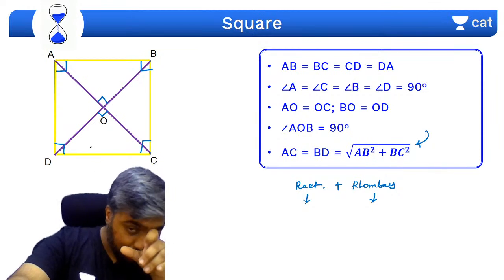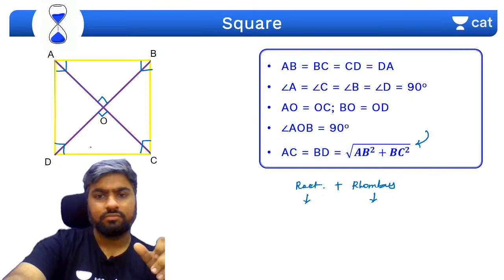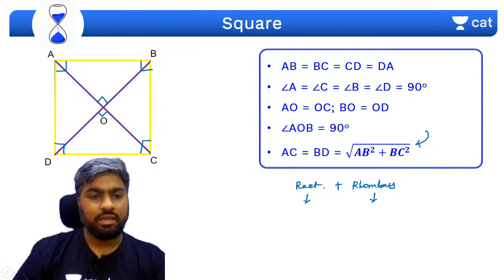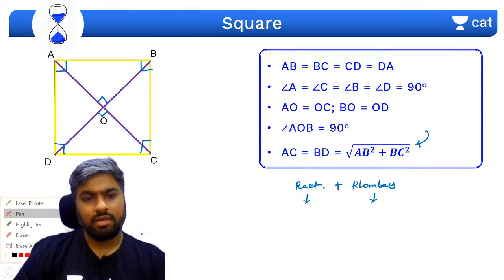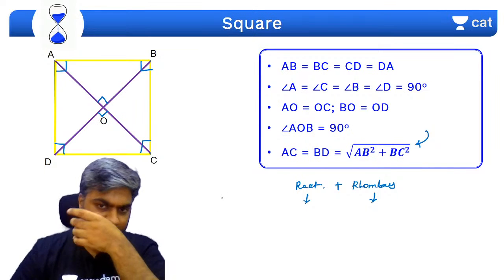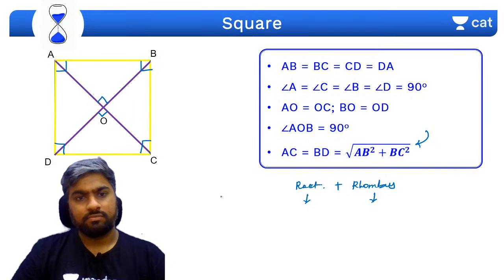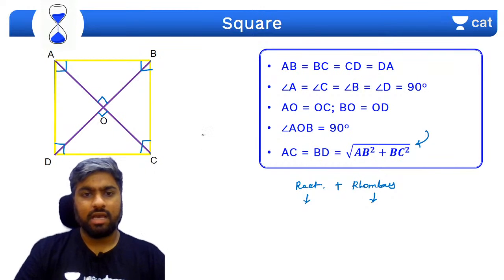The one in which the diagonals are not the same. So, how do I draw it here? The basic image we have for a parallelogram is this.